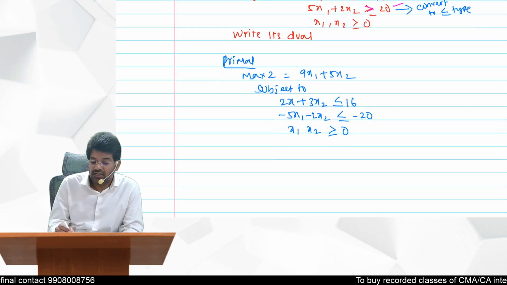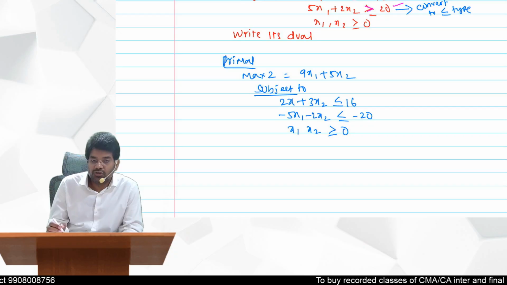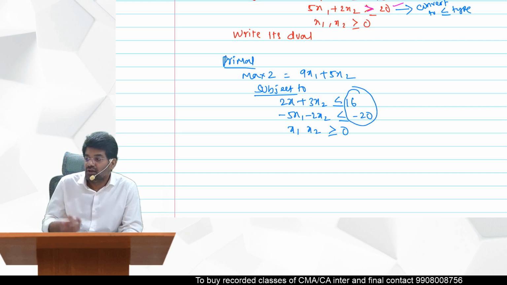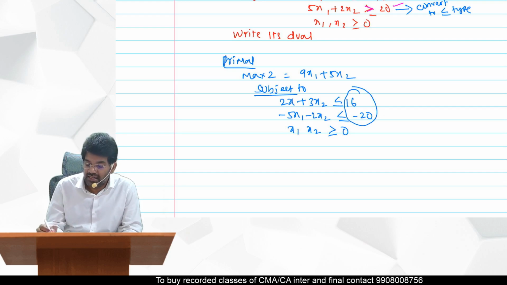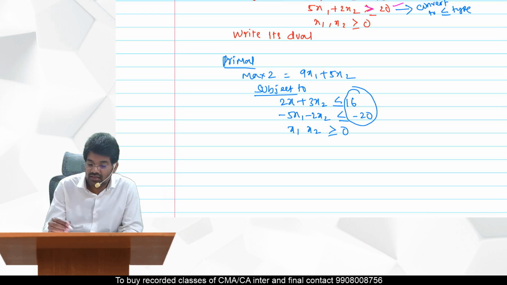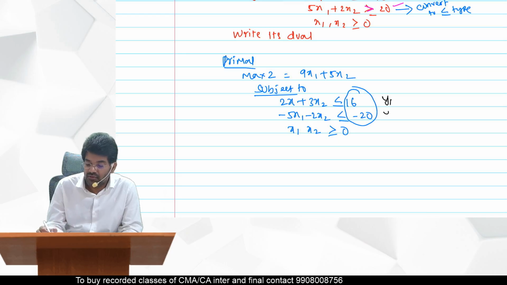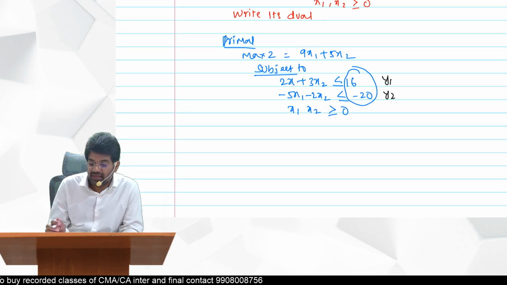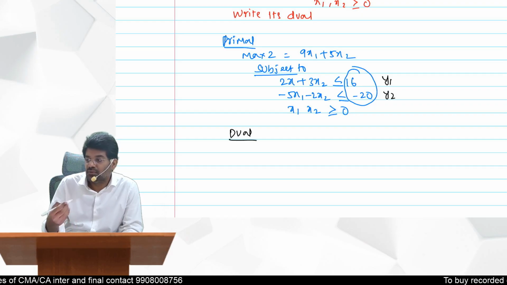Now we will write the dual for this. In the dual, your constraints' right-hand sides will become coefficients of the objective function. Let these variables be y1 and y2. Maximization objective will become minimization in dual.